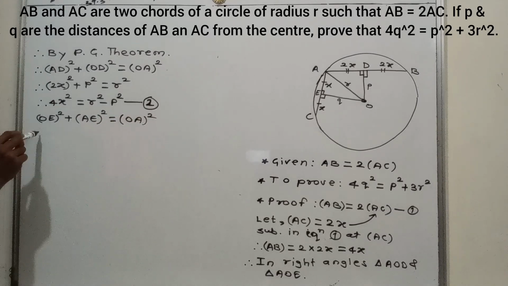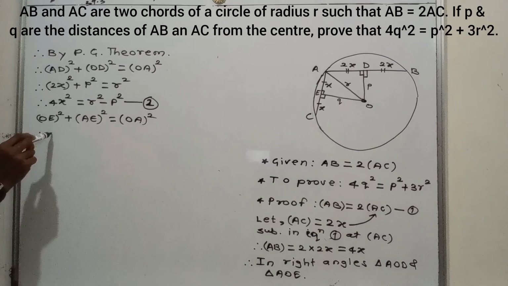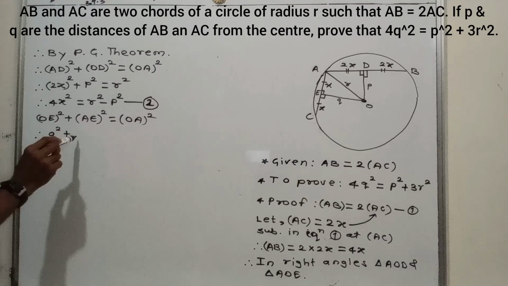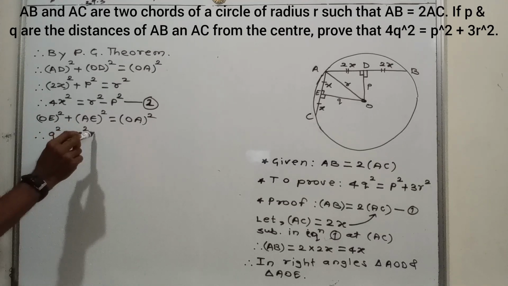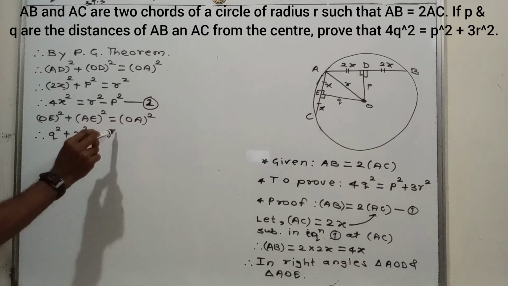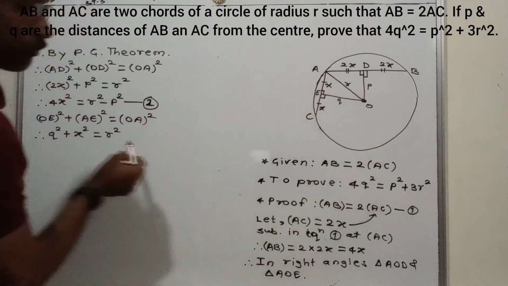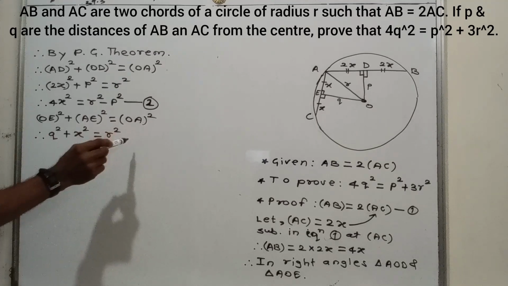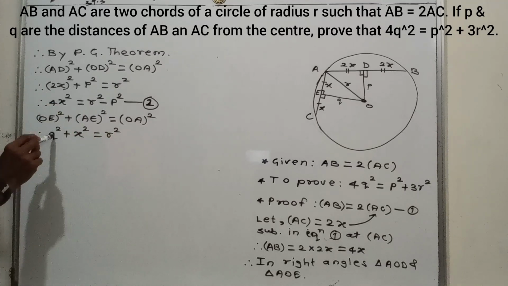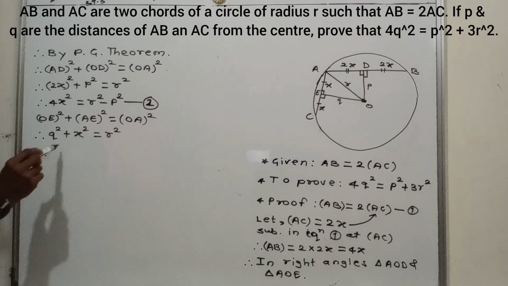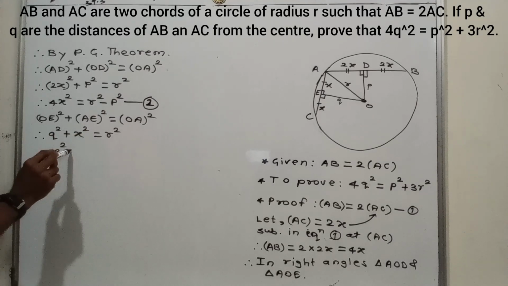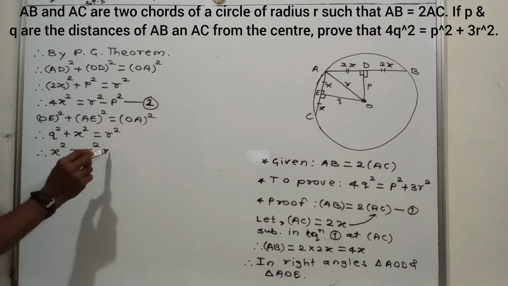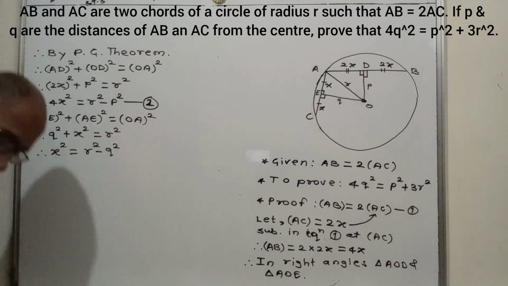Now what is OE? Q square plus AE, x square, is equal to OA, R square. Before multiplying both sides by 4, we take Q square to the right side. Therefore x square is equal to R square minus Q square. Did you get it?